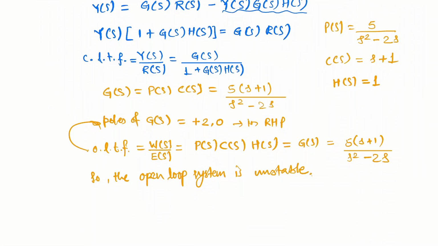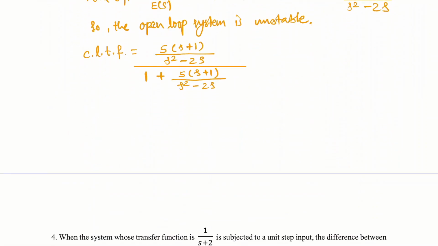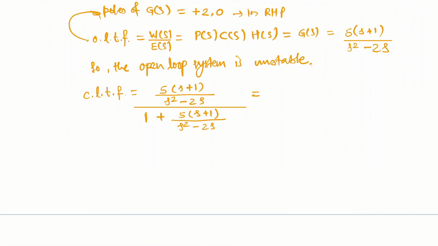So now let us calculate the closed loop transfer function. We'll substitute this G of S here, and H of S is already 1. So we'll have 5 times bracket s plus 1 over s square minus 2s, whole divided by 1 plus the same term.